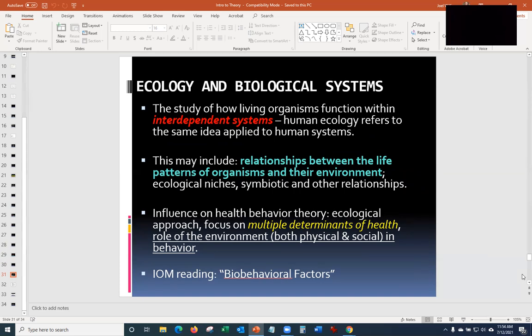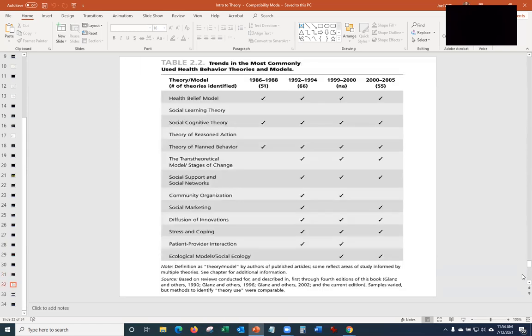These are kind of esoteric ideas and discussions, but they'll make more sense as we move forward. So this slide just shows you a list of the most common theories in public health, and gives you some idea of when they were developed, how long they've been around, that sort of thing.